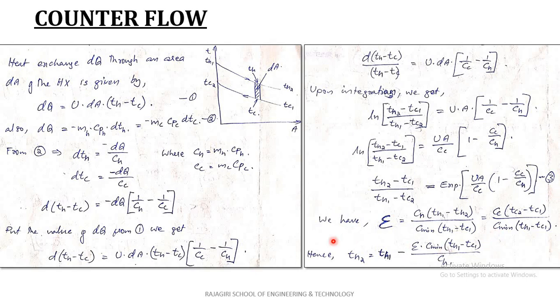Now we have the total effectiveness equation in terms of the hot fluid and cold fluid, and now we are going to replace the unknown terms Th2 and Tc2. From this equation you write the equation for Th2, that is equal to Th1 minus Q over Ch. From the other equation find the equation for Tc2.